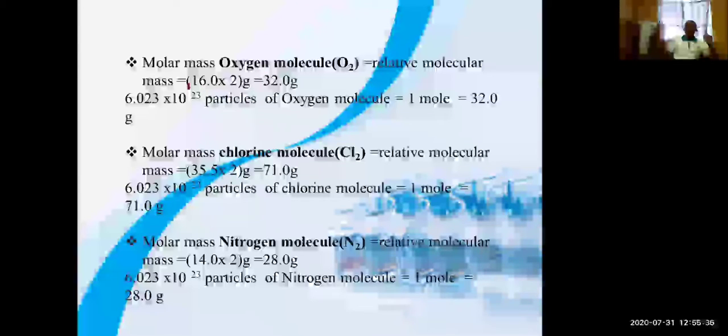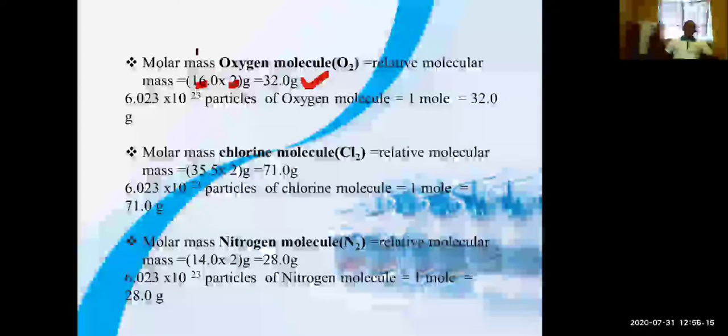So 16 multiplied by 2, you get 32 grams. So the relative molecular mass of oxygen will be 36. So if 36 is equivalent to 1 mole, then the number of particles present in the oxygen molecule is 6.023 times 10 raised to power 23.